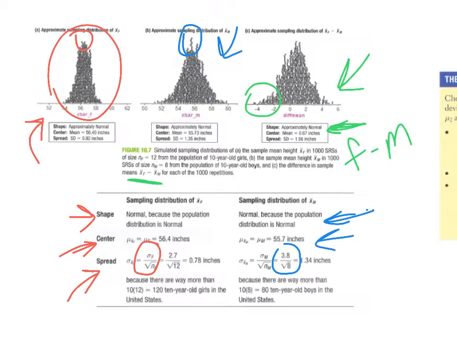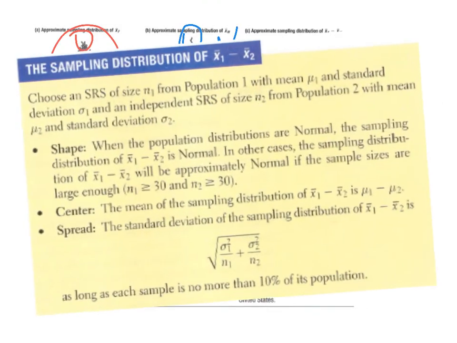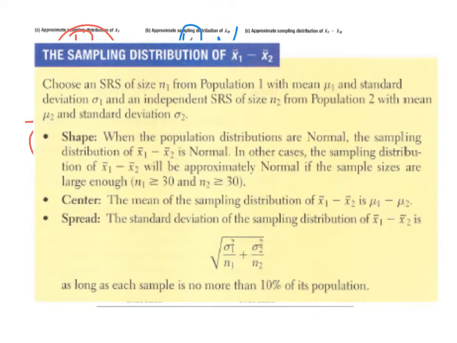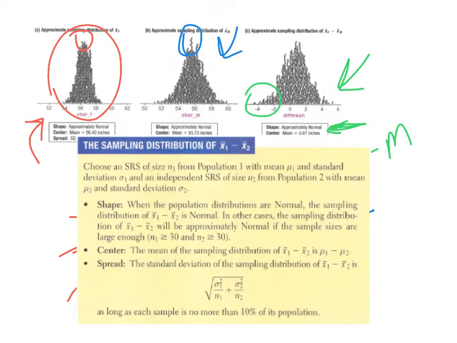And if we look at our conditions that go along with this sampling distribution here, we've got our shape being approximately normal if the sampling distributions are normal of the males and of the females. So when the population distributions are normal, my sampling distribution is normal.